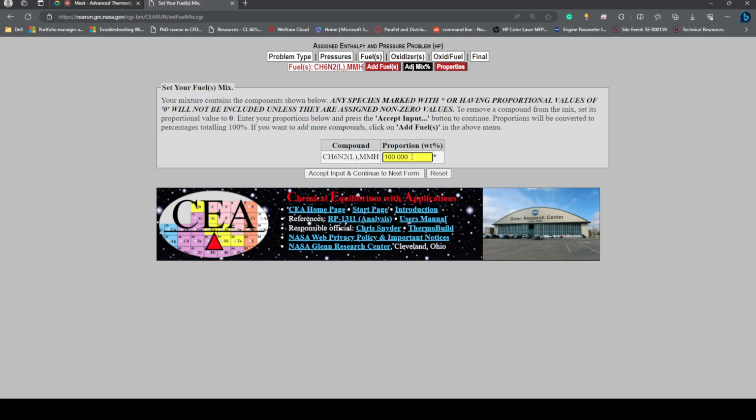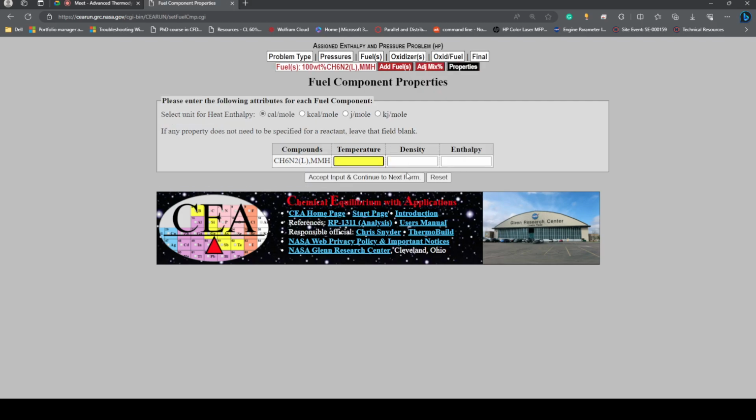Then you have to give the proportion of each fuel present. In our case, we have only one fuel, MMH, so let's give it 100% and continue. And here we have to give the temperature. The temperature is 298 Kelvin, right? Yes.